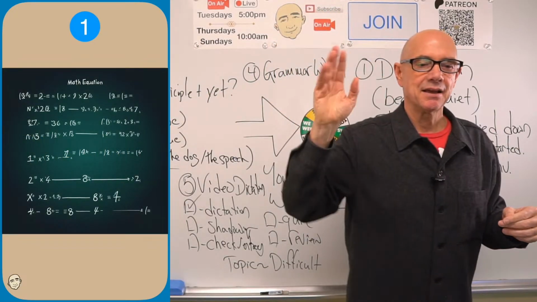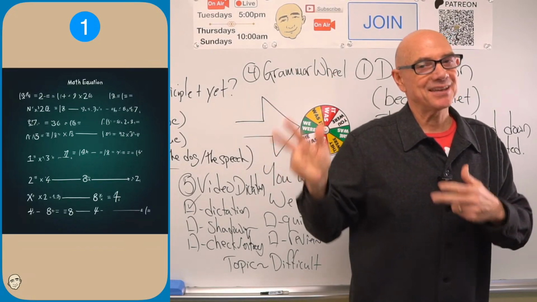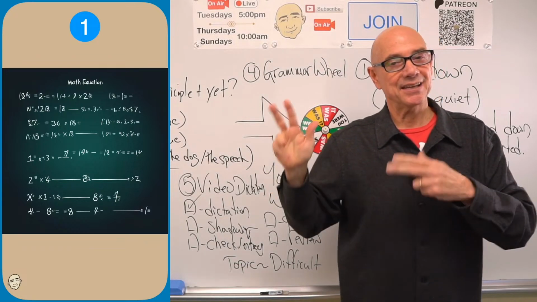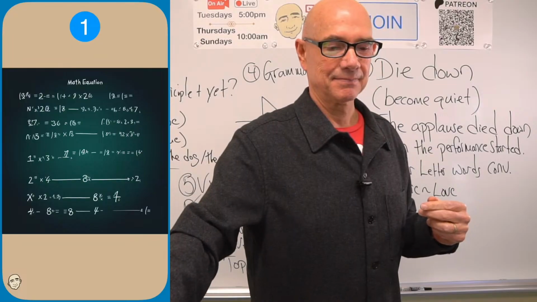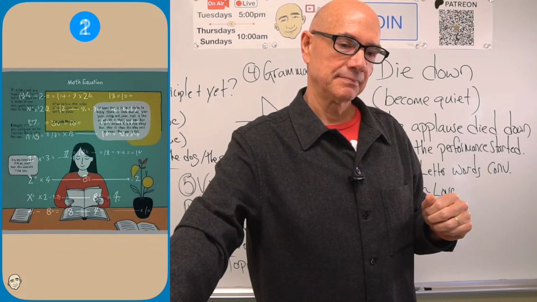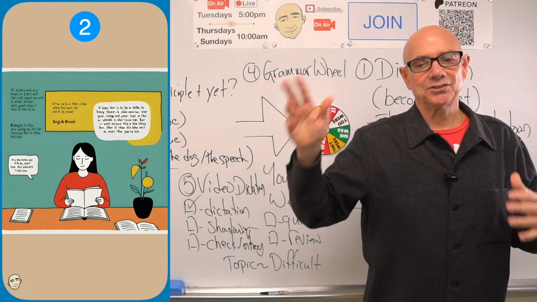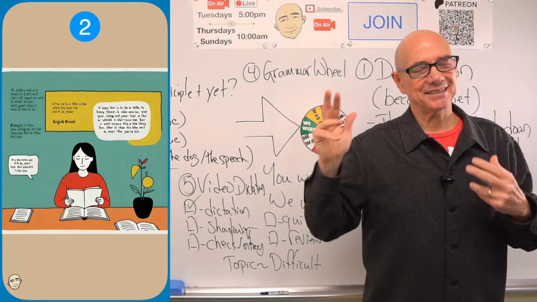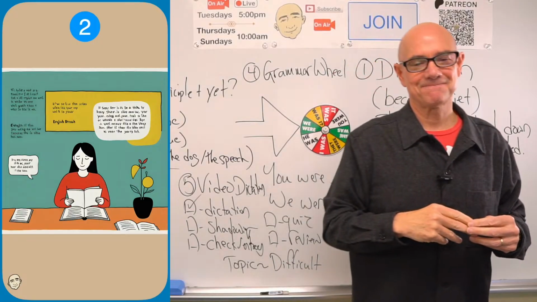Okay, number 1. Math is difficult for me. Math is difficult for me. Math is difficult for me. It's difficult to remember new words. It's difficult to remember new words.